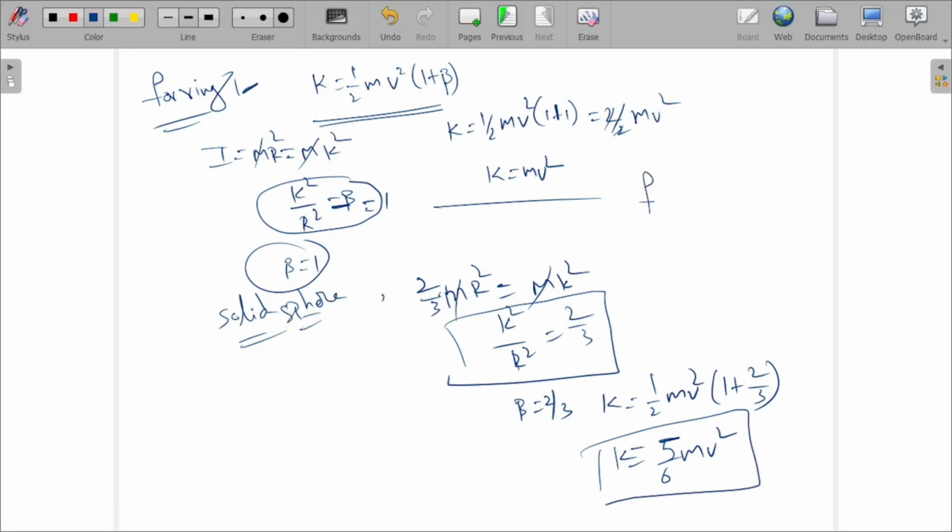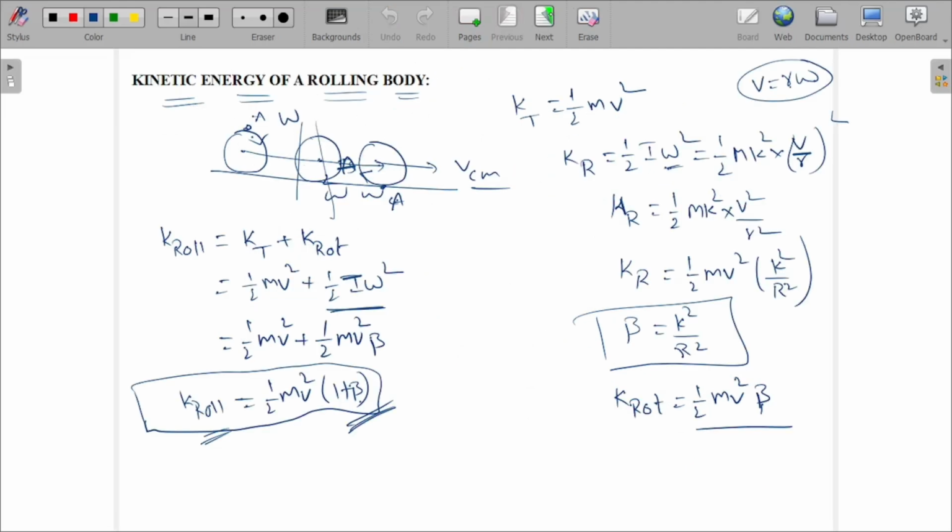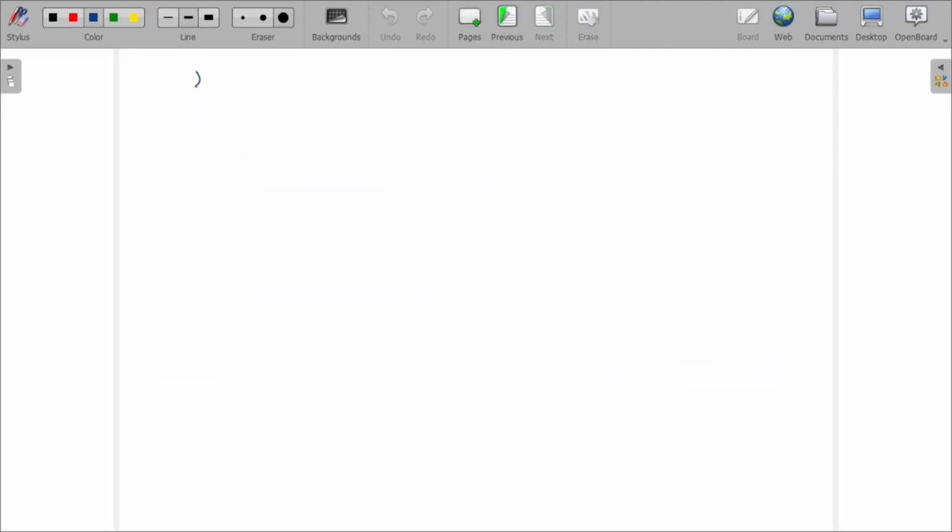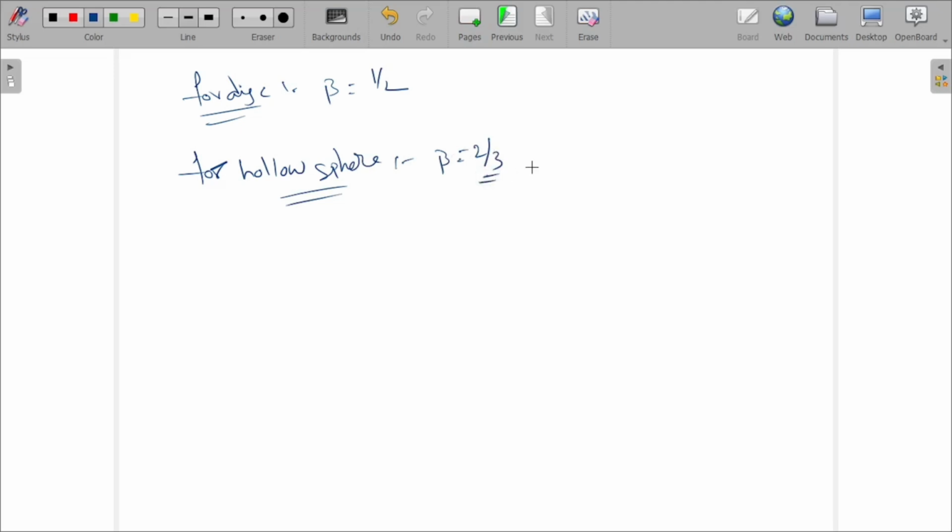For disk, beta will be equal to 1 by 2. For hollow sphere, beta equal to how much? It is 2 by 3. Clear?